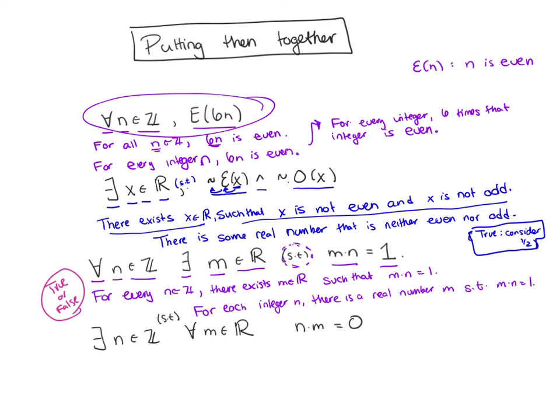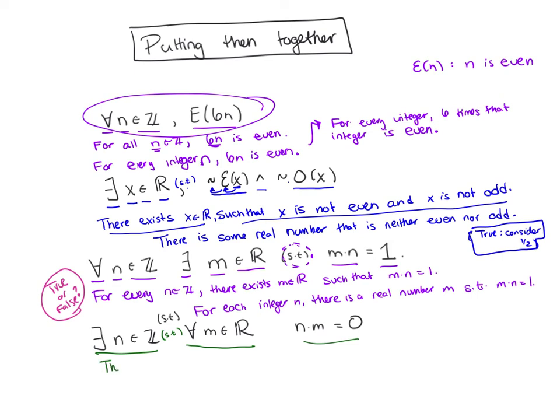So is it true that for every integer, you can always find a real number to multiply by it that gives you 1? All right, last but not least, we have there exists an n in Z. Again, every time I have a there exists, when I read it out, I like to have a "such that" after that. So such that for every m in R, m times n is 0.